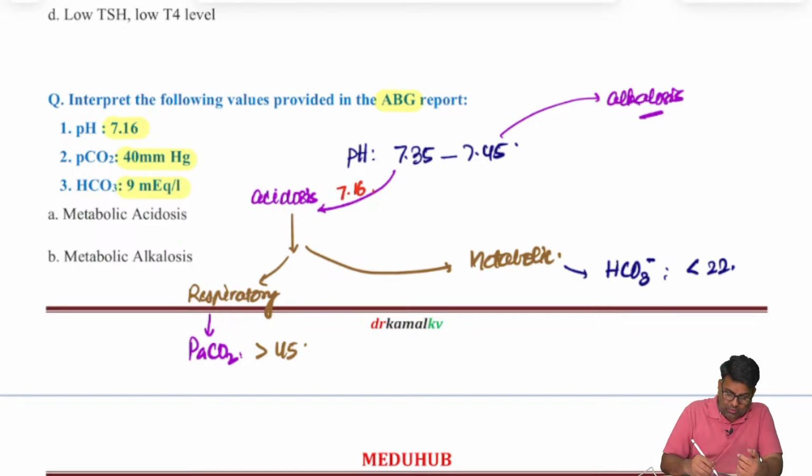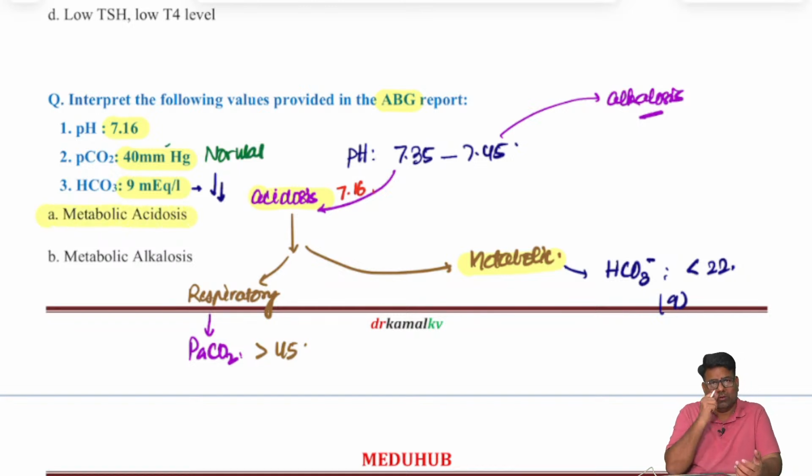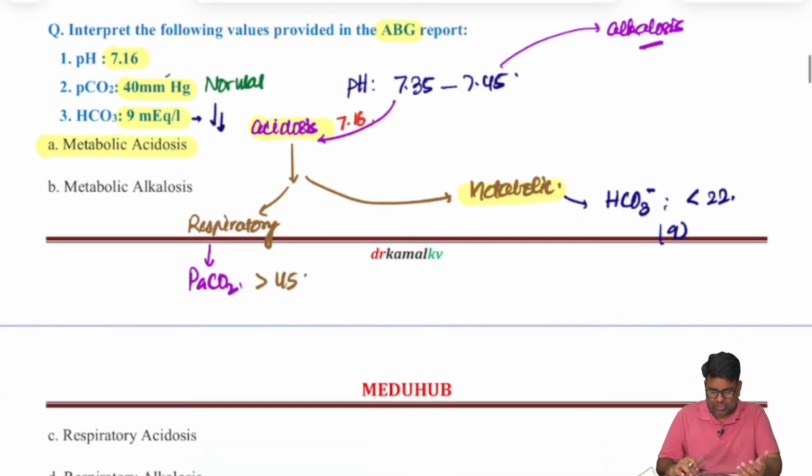Looking at the question, the PaCO2 is 40, so that is absolutely normal, but bicarbonate is 9, which is less. So we can say that this is metabolic acidosis. I think you can get it now.